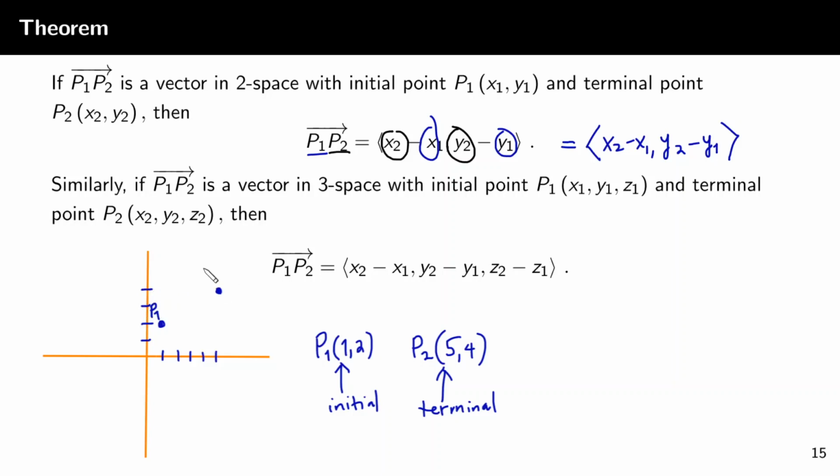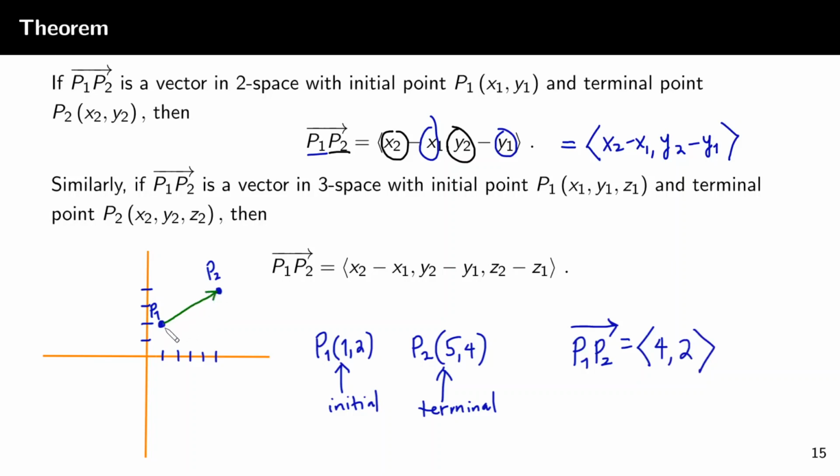So ito yon, P2. And now according to this theorem, the vector from P1 to P2 will have components 5 minus 1, which is 4, and then 4 minus 2, which is 2. Okay. So i-drawing muna natin yung vector from P1 to P2.